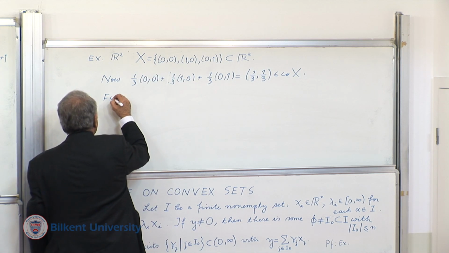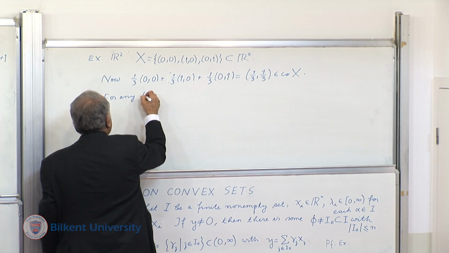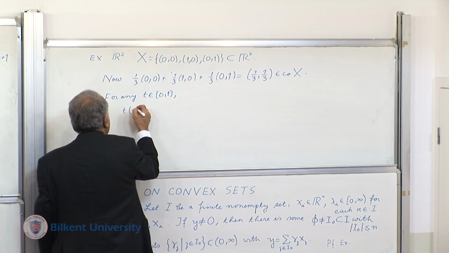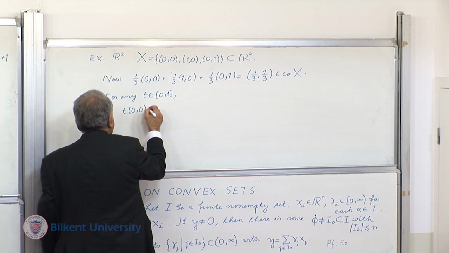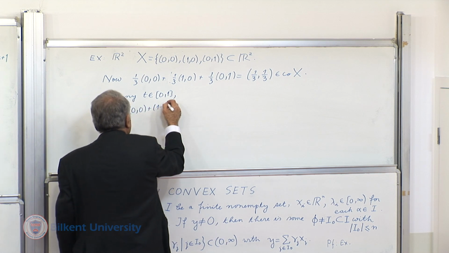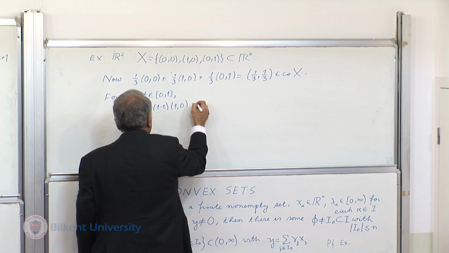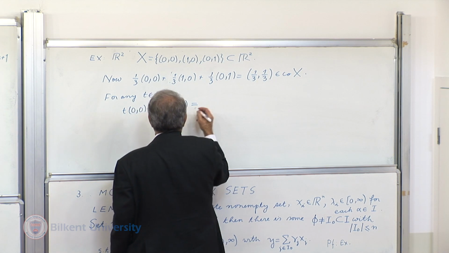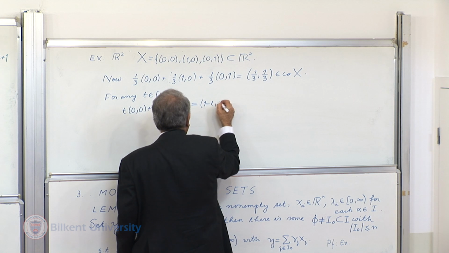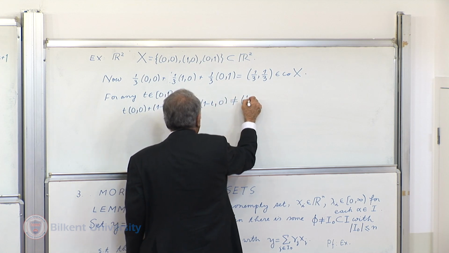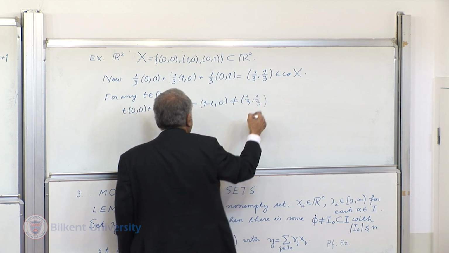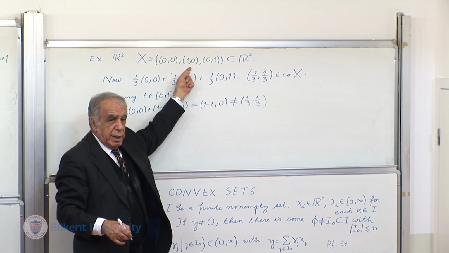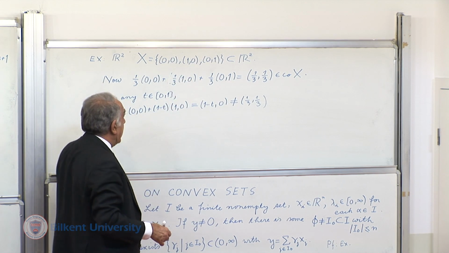For any t in [0, 1], t times (0, 0) plus 1 minus t times (1, 0), that will be equal to (1 minus t, 0). This, of course, is not equal to (1/3, 1/3). So you cannot obtain this if you just take these two and consider all their convex combinations.